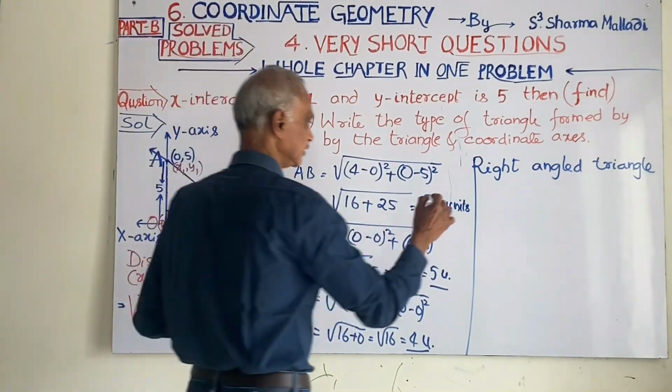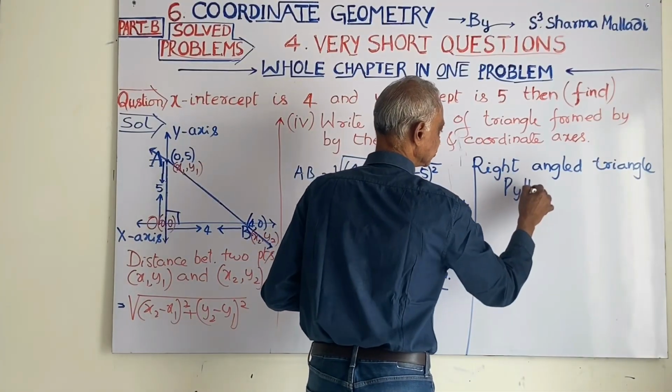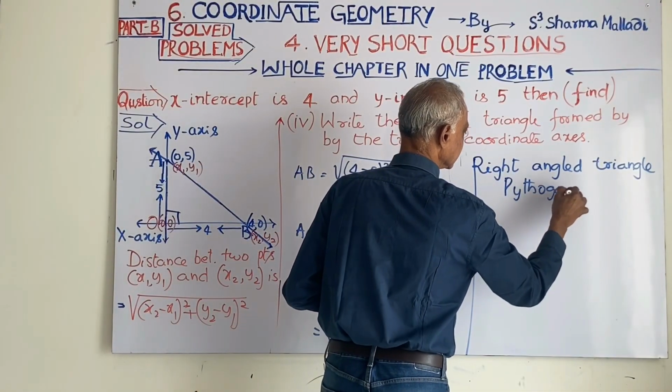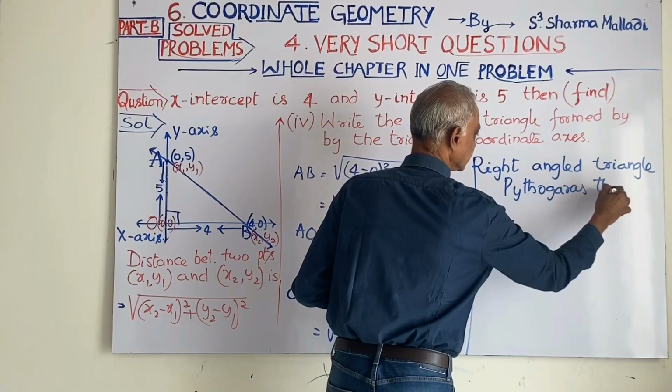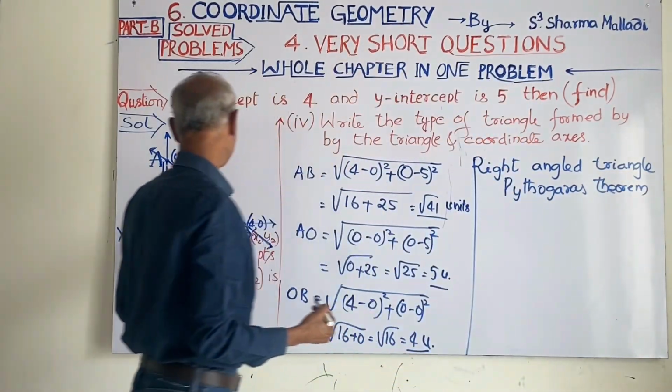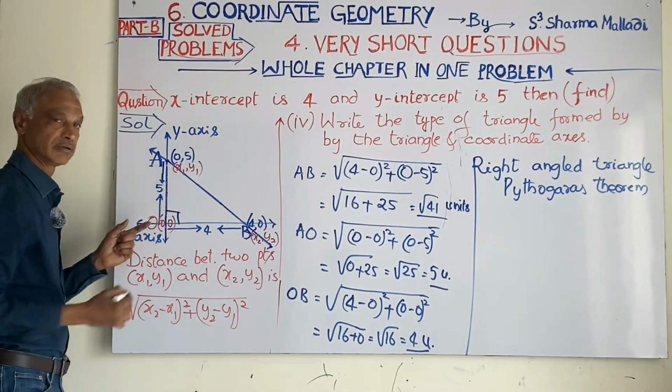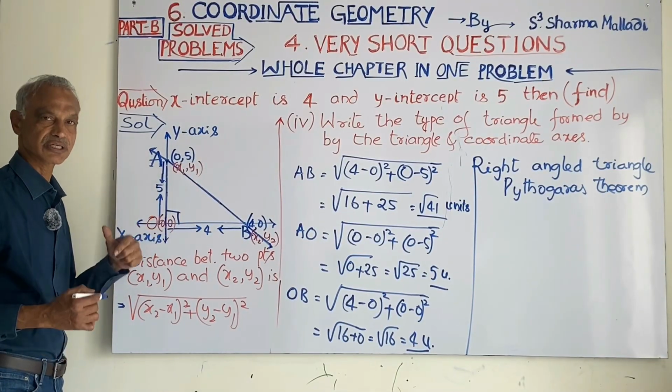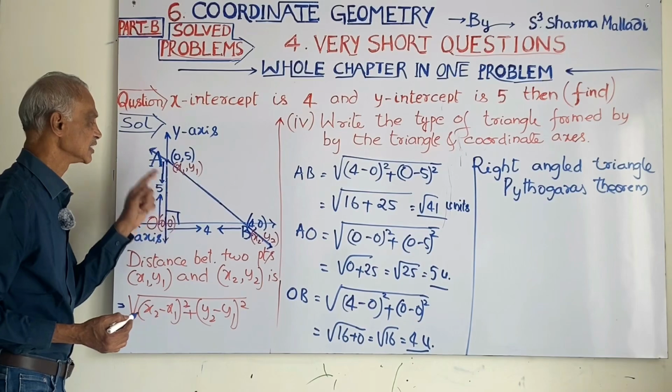What is the Pythagoras theorem? Square of the hypotenuse is equal to the sum of the squares of the other two sides.